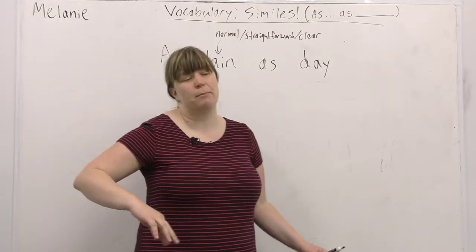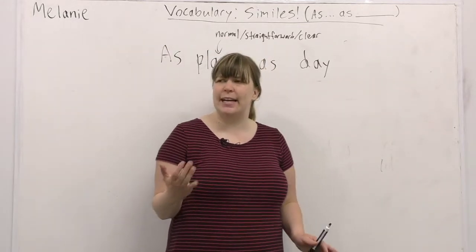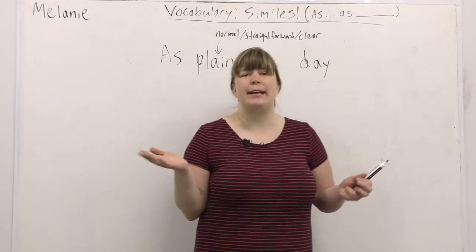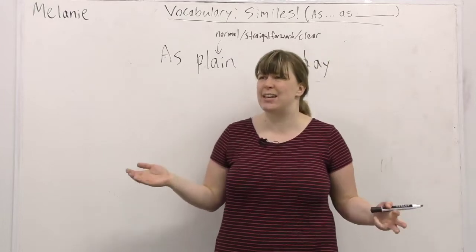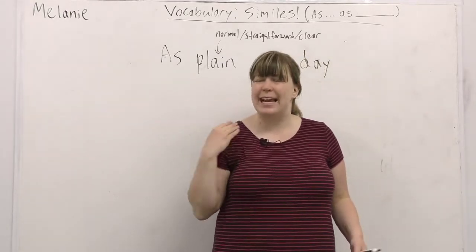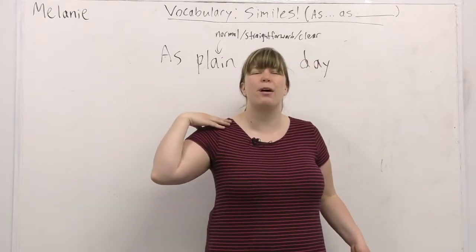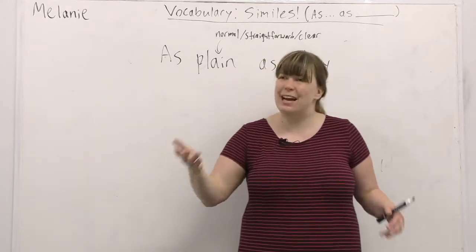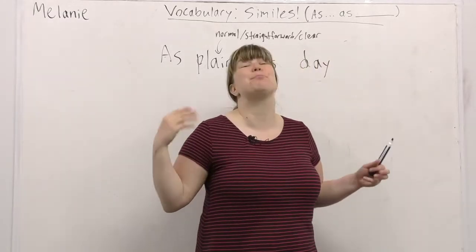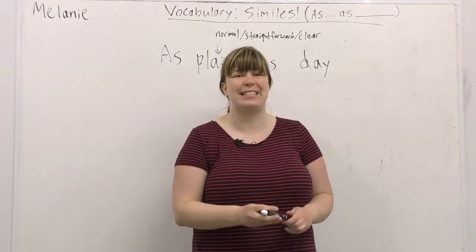So when my friend comes back, she says, I like that guy, but I don't know if he likes me. And then I could tell her, of course he likes you. It's as plain as day. Look at the way he's looking at you and he's putting his arm on your shoulder. He definitely likes you. So that is what as plain as day means.